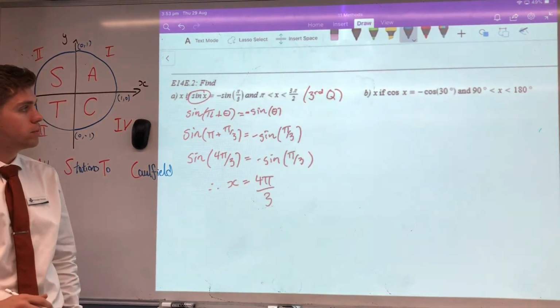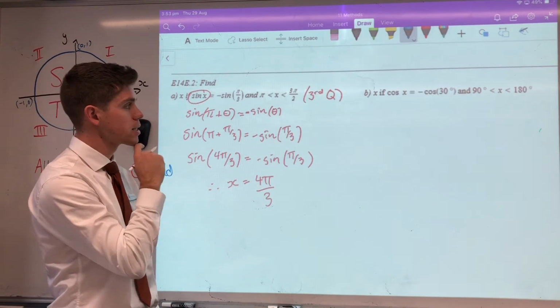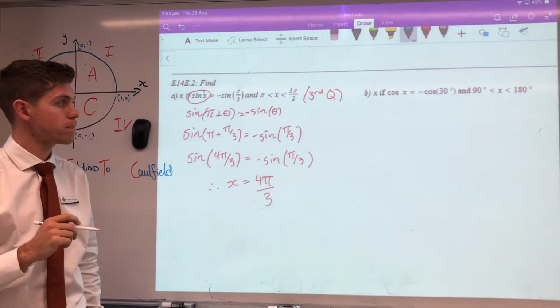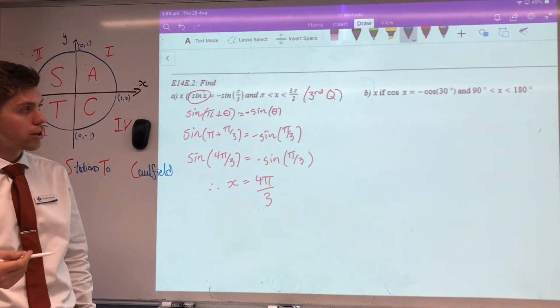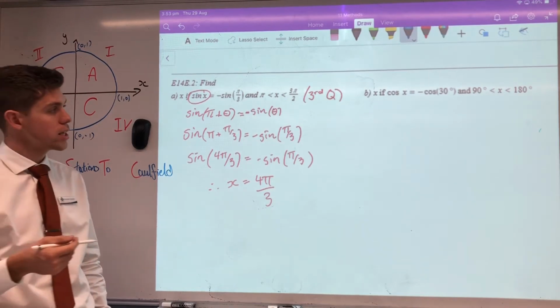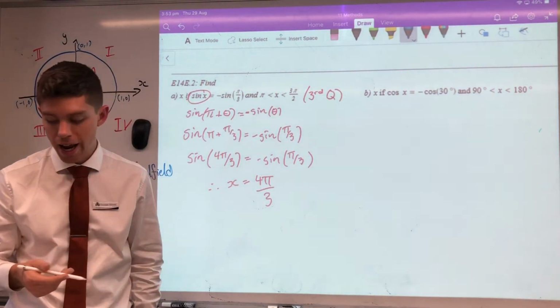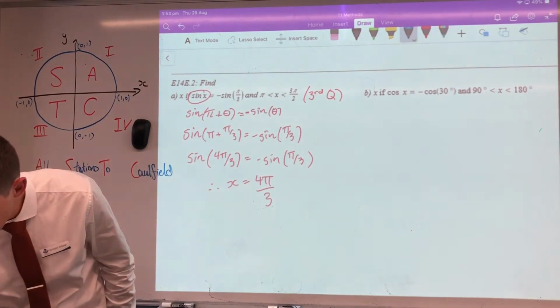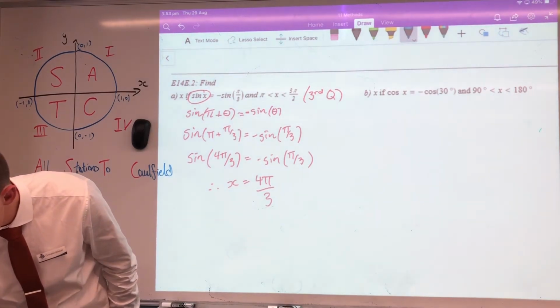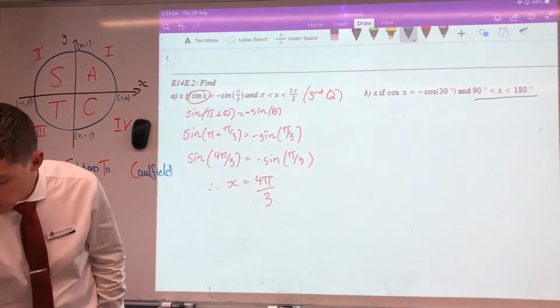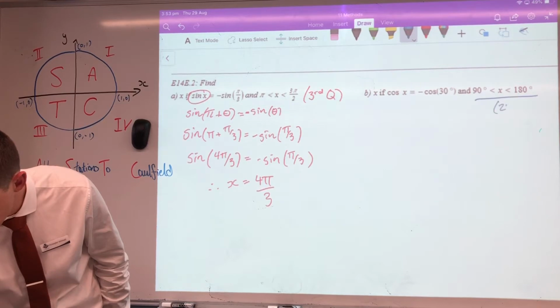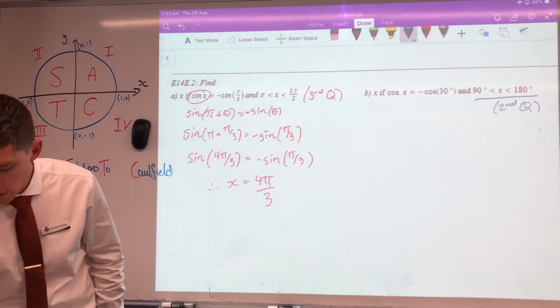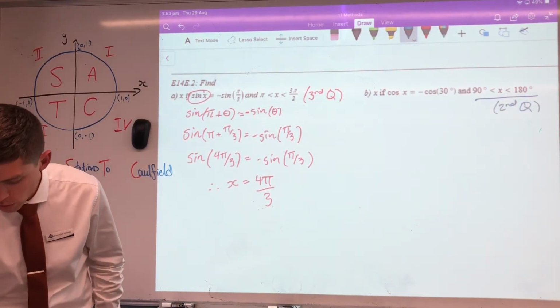In the second example, we're being asked to find x if cos of x equals negative cos of 30 degrees, where the angle is between 90 and 180. So in this angle range, we're looking in the second quadrant. And what do we know about the second quadrant?